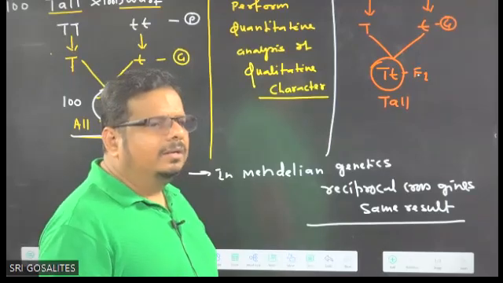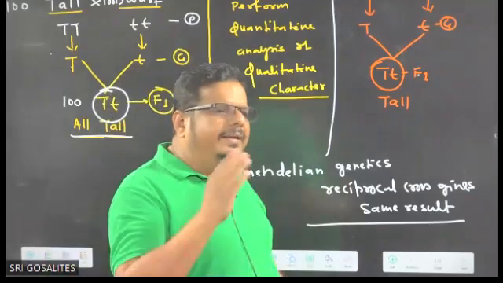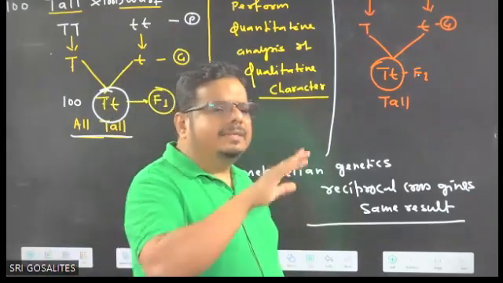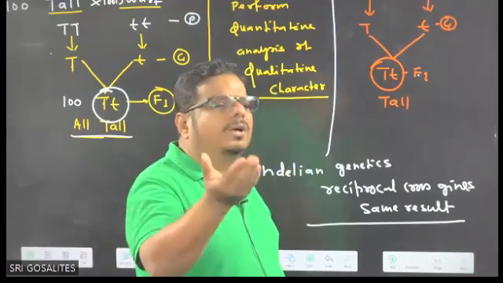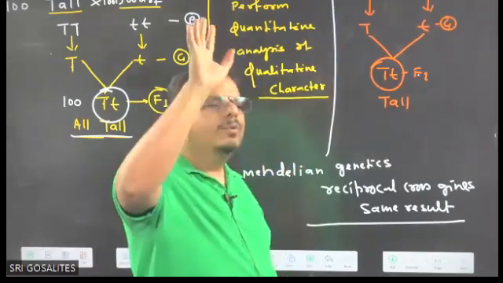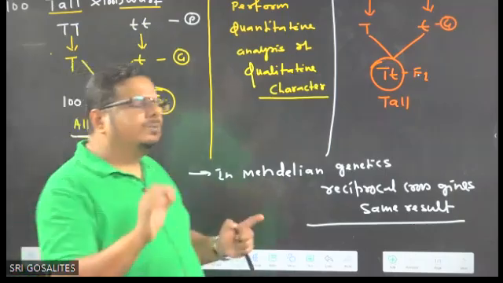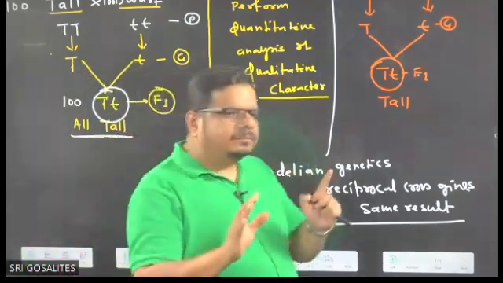Getting the idea or not? Either male is tall or female is tall, it doesn't matter. Getting the things or not? I will come to when both are dwarf. First, I want to tell you about this.